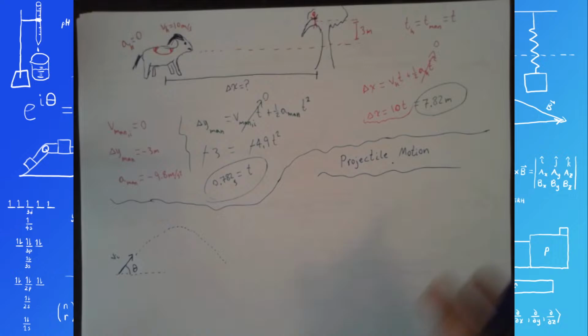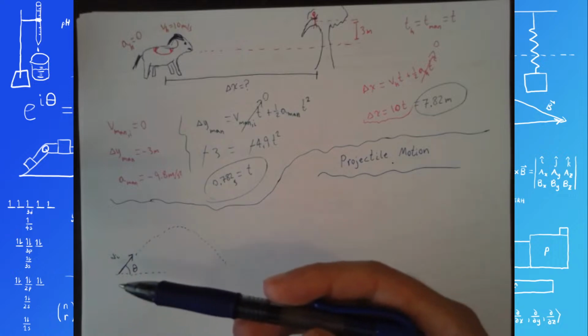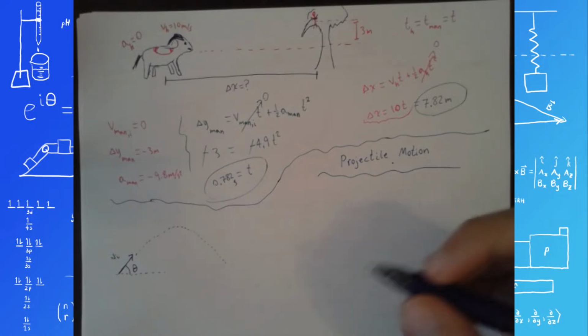If you had something moving forward but accelerating backward, then we would say it slows down first and then it comes to a stop and then it starts accelerating in the opposite direction. But that was the only direction change we would encounter, if any at all. It would just be a complete 180. So that happened whenever the direction of the acceleration was exactly opposite to the direction of the velocity.